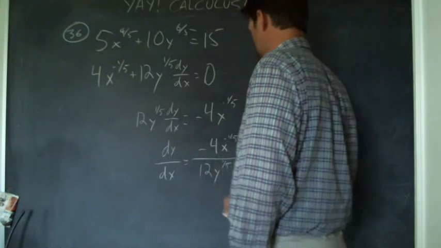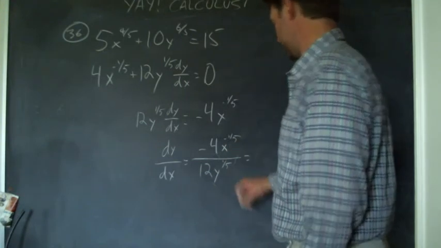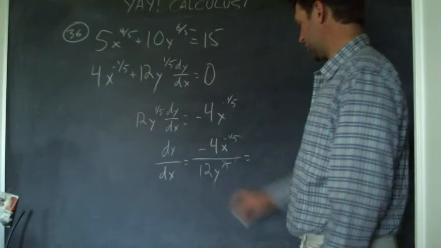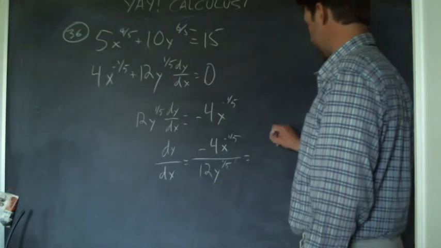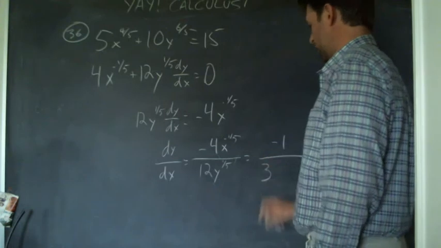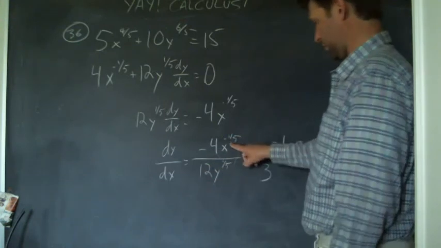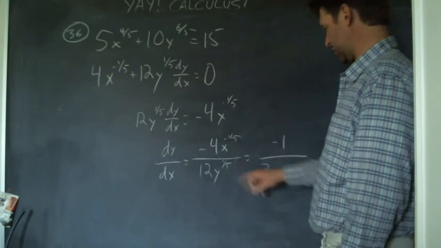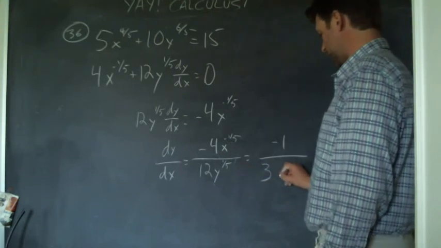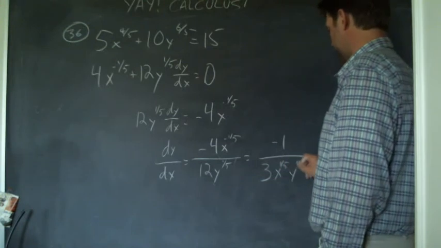I'm going to clean this up a little bit. The 4 and the 12 cancel to make 3 on the bottom. That'll be negative 1 over 3. Keep the negative. The negative exponent goes down to the bottom. So that's x to the 1/5, y to the 1/5.